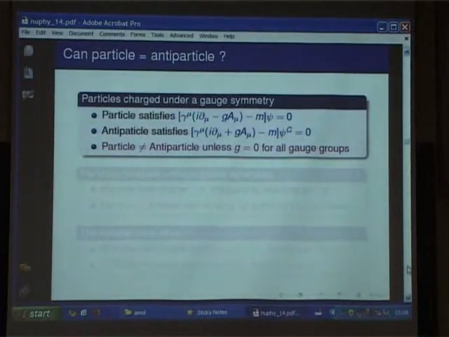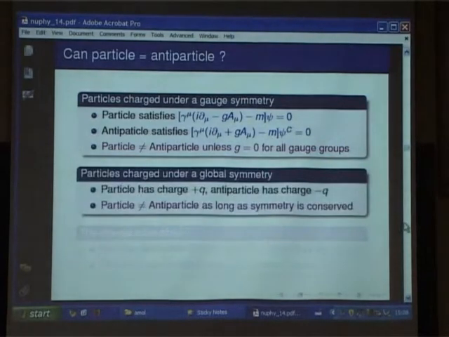Then we can ask this question, which is something we saw last time: when can a particle be its own antiparticle? And the answer was, firstly, a particle cannot be its own antiparticle unless g equals 0 for all gauge groups. Therefore, it has to be a singlet under all gauge groups we have, SU(2) and U(1).